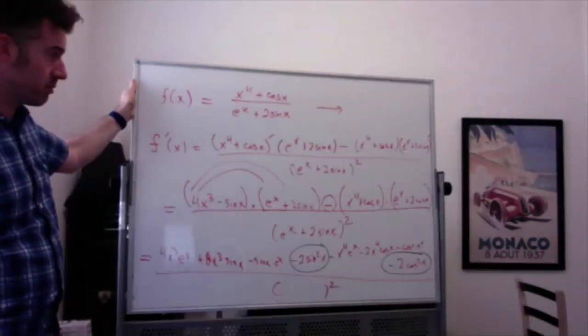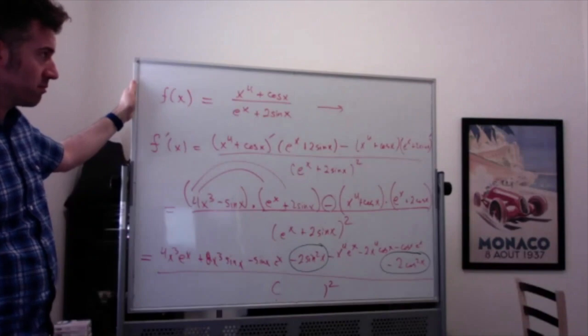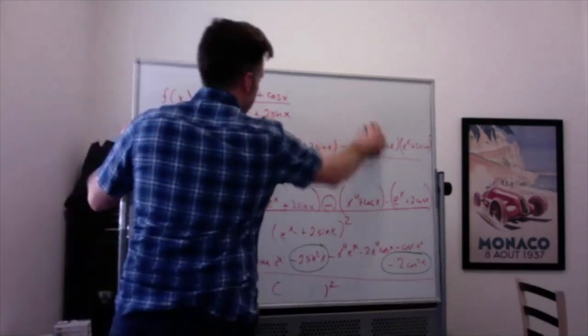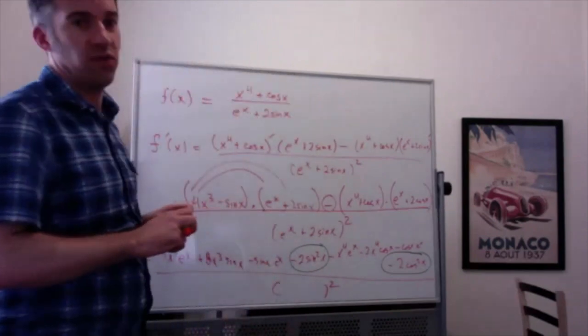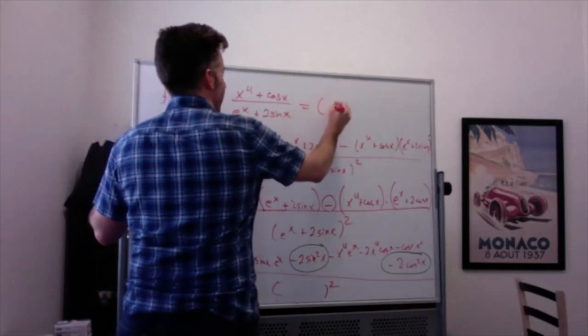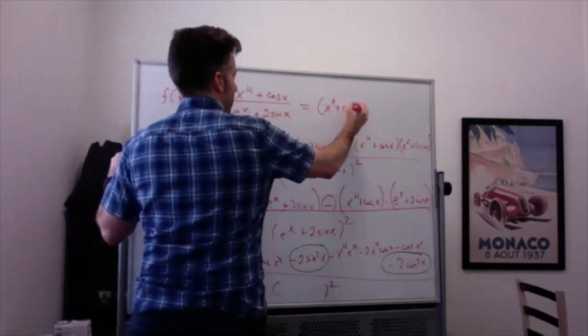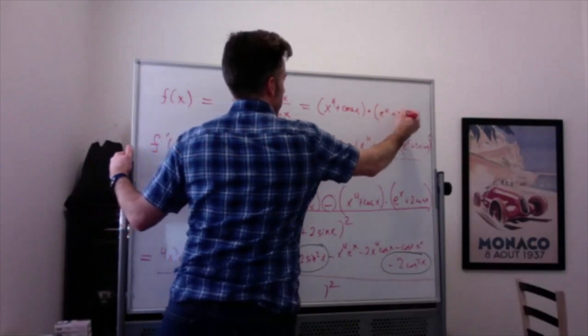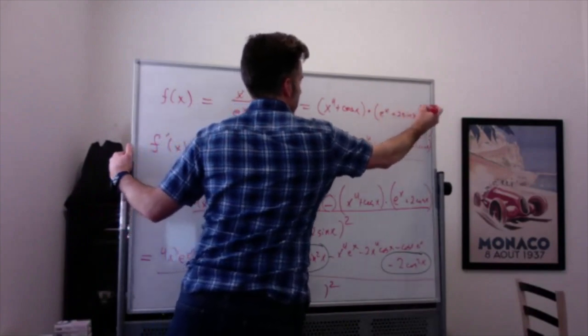Really quick, I know we're not going to use the chain rule, but would you take the denominator and put that to the negative first power? Yeah. So if you were going to try your hardest to avoid using the quotient rule ever in life, you would write this as x to the fourth plus cosine of x times e to the x plus 2 sine of x to the negative 1.